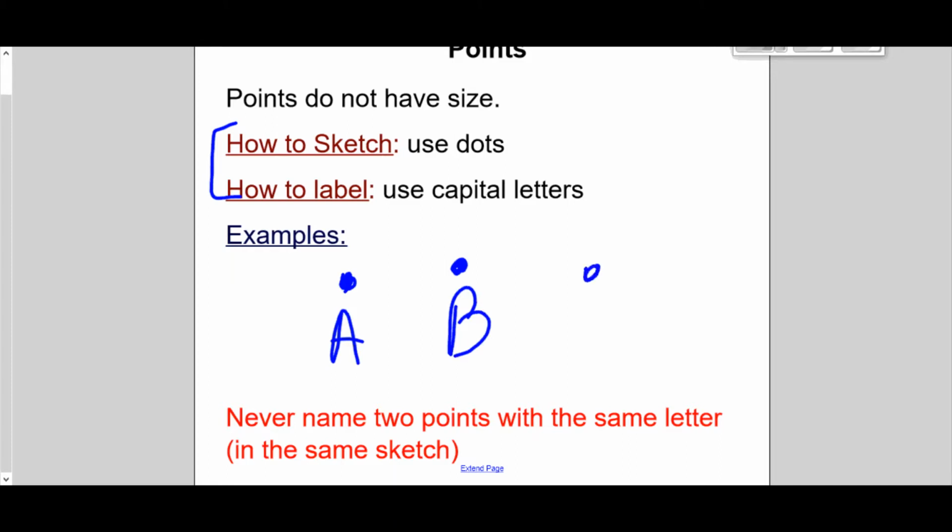In other words, I don't want to have another point called point A because I already have a point A in this sketch. Then I wouldn't know which point A I'm talking about. So instead we'll call that point C. So here are examples of points. It's just a dot with a capital letter underneath it.